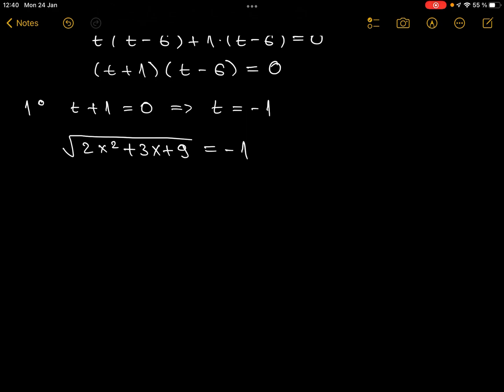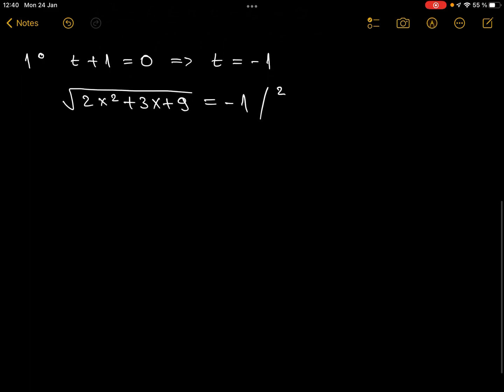Now, what we usually like to do is assume the principal root, the so-called principal root, which is a positive value. So this here can be solved by squaring both sides, but I don't think that will give us a nice solution in any way.